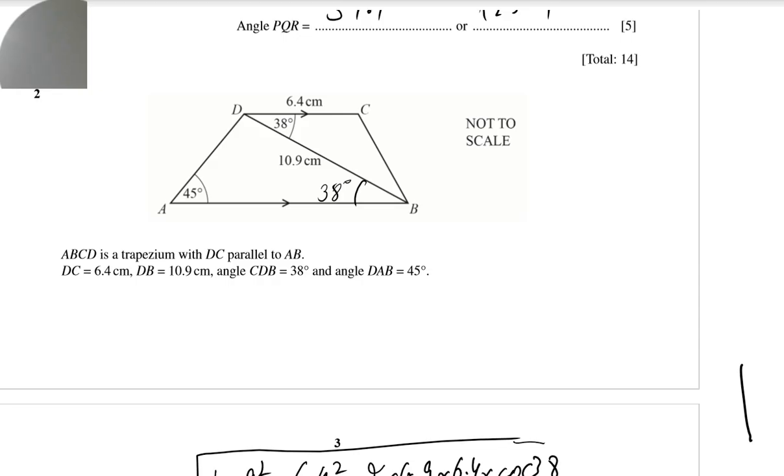So either you can find the height using SOH CAH TOA, or simply you can use the formula for the area of a triangle in trigonometry, that is half ab sine C. So I have these two sides and the angle between them, so we can utilize it.